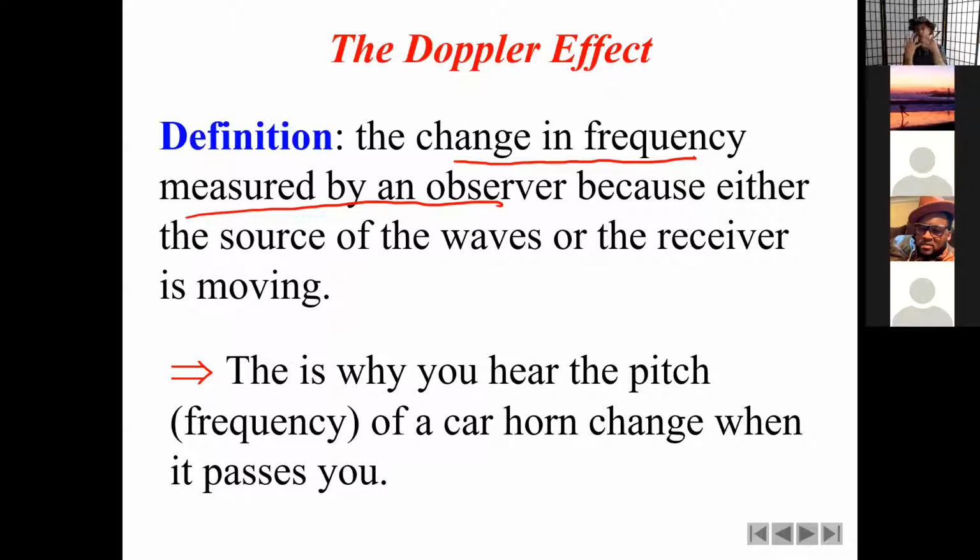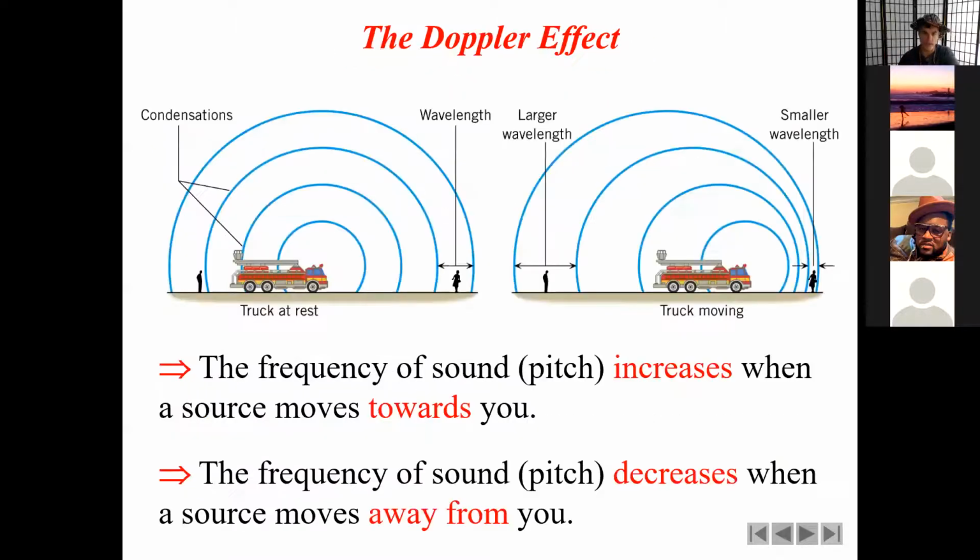When it's moving towards us, we detect a higher pitch, a higher frequency, and then when it passes us and starts moving away from us, the pitch is now decreased. We detect a lower frequency. This is why you hear the frequency of a horn change when it passes you. As it's moving towards you, you detect a higher frequency, smaller wavelength. When it passes you, you detect a lower frequency, a higher wavelength.